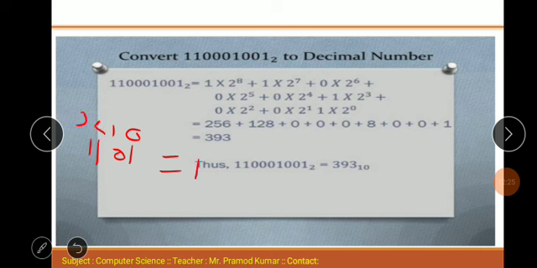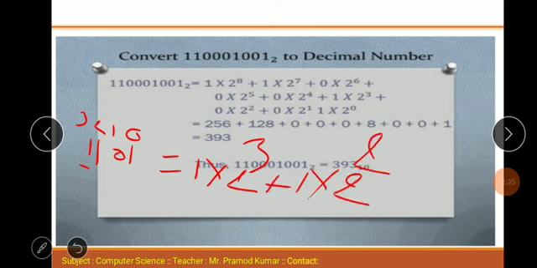So 1 into 2 to the power 3 for this one, plus 1 into 2 to the power 2 for the second, plus 0 into 2 to the power 1, plus the last one, 1 into 2 to the power 0.